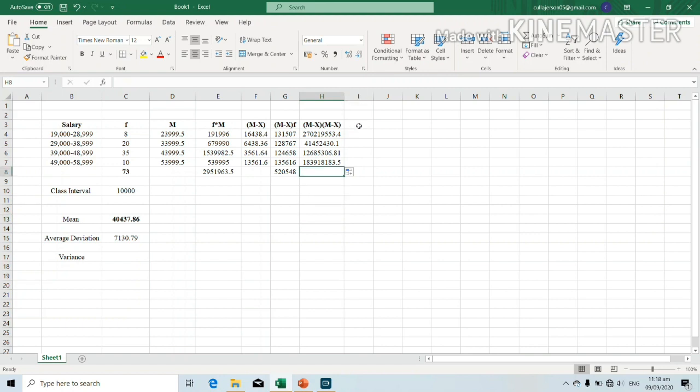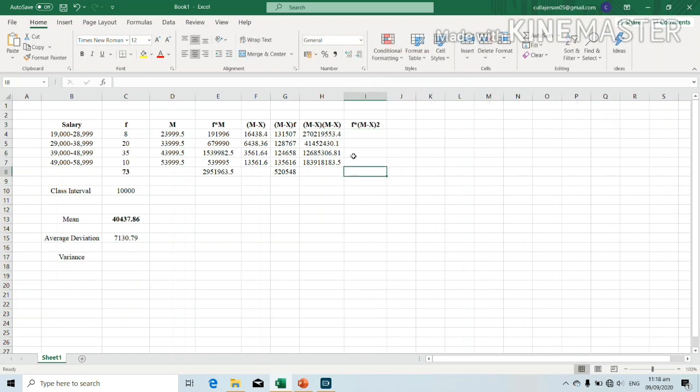Then, after, kunin natin yung m minus x squared times the frequency. Ang frequency 8, apply lang natin siya dito. Equals, yan.